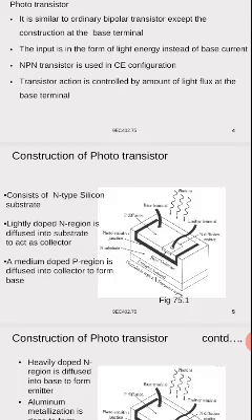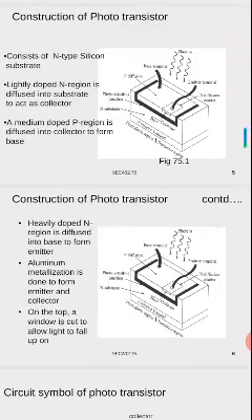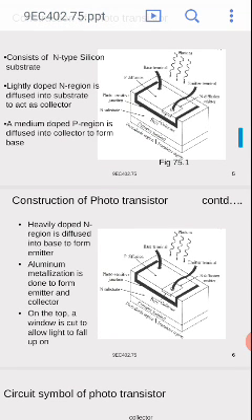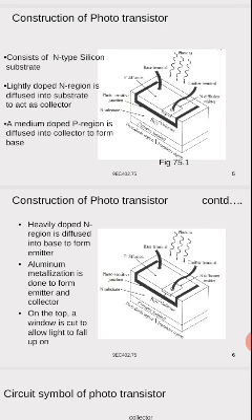Here, a heavily doped N region is diffused in the base to form the emitter. Aluminium metallization is done to form the collector.